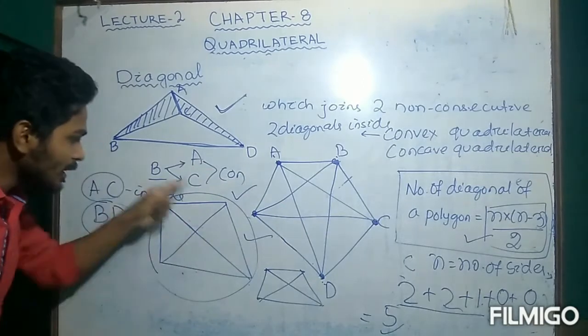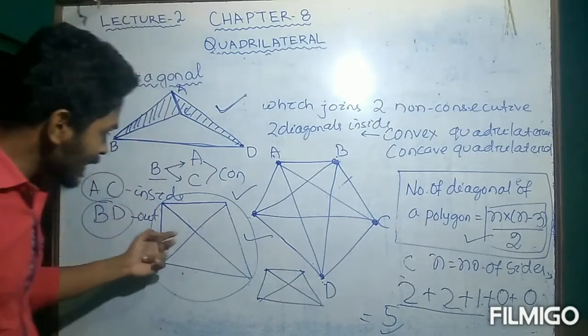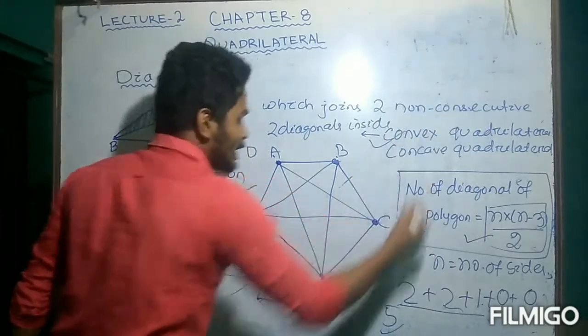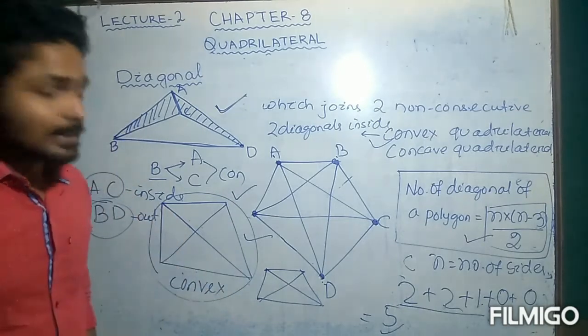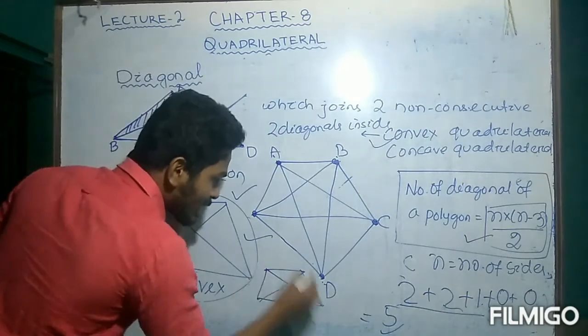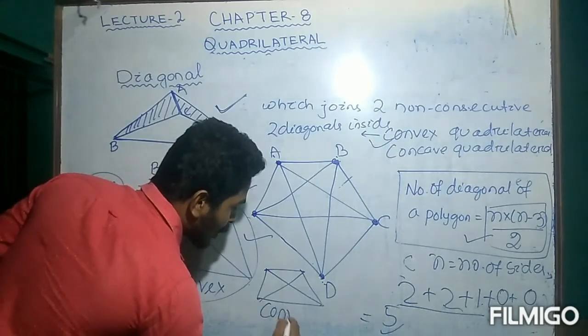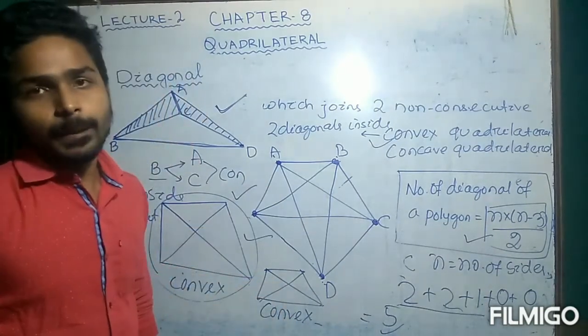In this type of quadrilateral, the two diagonals lie inside the figure. That is why this type of quadrilateral is known as a convex quadrilateral. So it is a type of convex quadrilateral, since here both diagonals lie inside the figure. This type of quadrilateral is also known as a convex quadrilateral, because here the diagonals lie inside the figure.